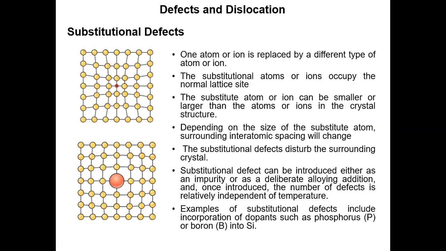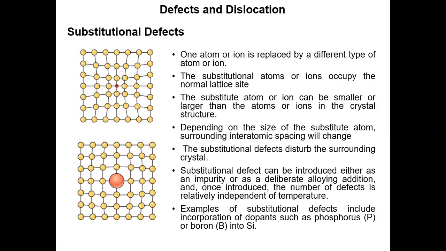Then substitutional defects. We talk about two types. One is substitution of a small atom in a usually occupied position. The other one is substitution of a large atom in a usually occupied position.